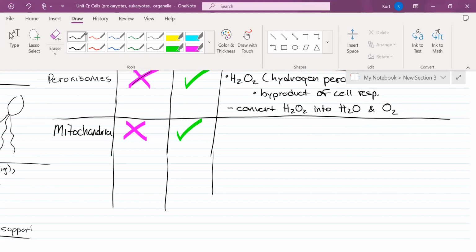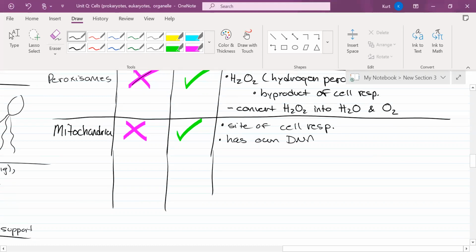The mitochondria used to be its own living thing. This is the site of cell respiration. It has its own DNA. Whose DNA is in it? You remember that? Mom's DNA is in the mitochondria. It has a double membrane.